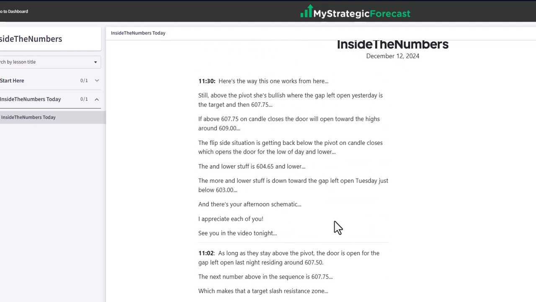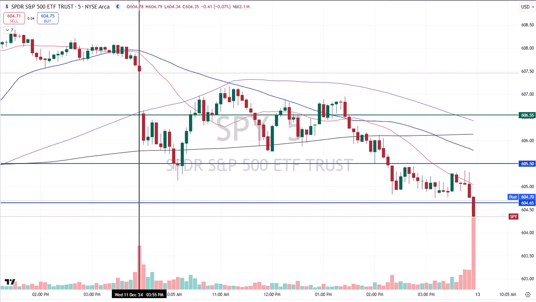The other thing that you'll see in here is the lower number, 604.65. This is part of the afternoon schematic. And while it really didn't produce a trading opportunity, you can see that they did target that into the end of the day and close below, which opens the door for the next number down in the sequence.